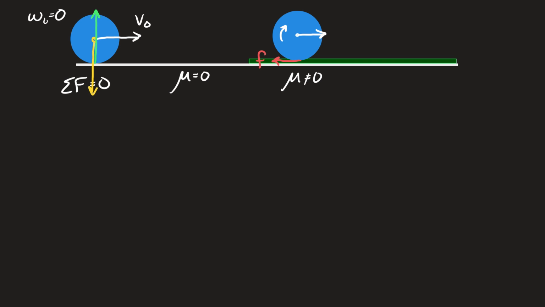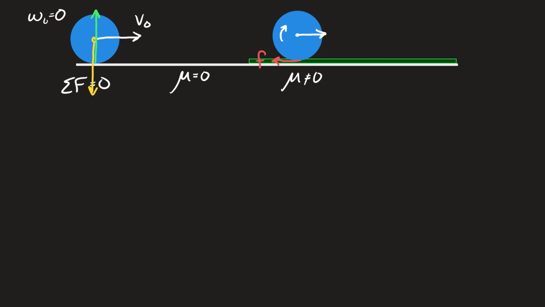If there's a pivot point at the center of mass, then this is probably going to cause a torque on the object. And that torque will cause an acceleration, but an angular acceleration.